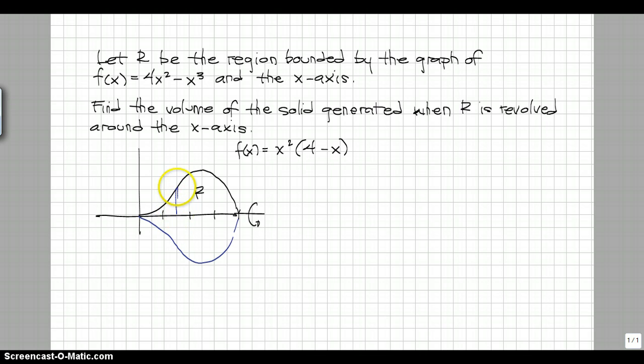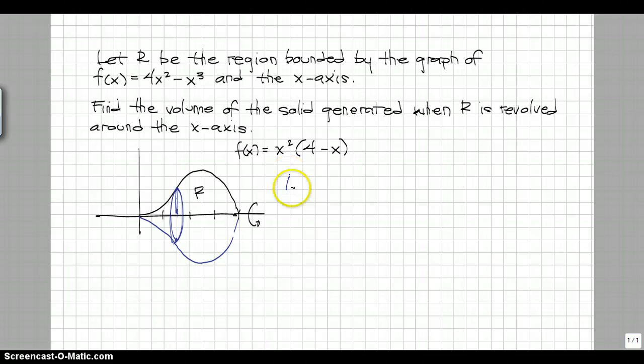And then know that I'm going to be taking intervals of the region R and spinning them around the x-axis to make disks. And each disk is going to have a surface area on the top and bottom that's the same.